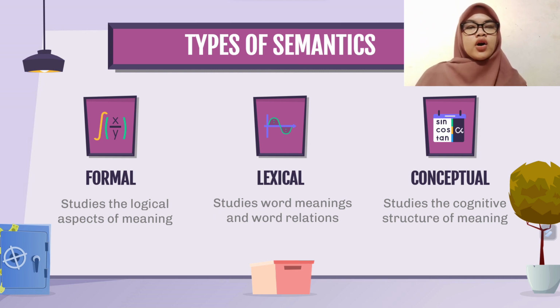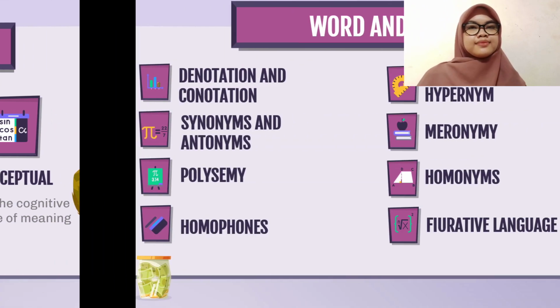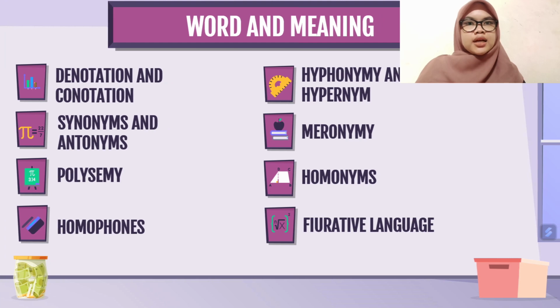Okay, now we move to the last discussion, which is word and meaning in semantics. Well, here first there is denotation and connotation. So denotation is the literal meaning of a word or the literal definition of a word, while connotation is the emotional meaning that is not explicitly mentioned in the dictionary definition.